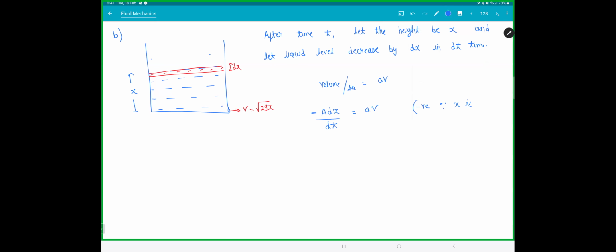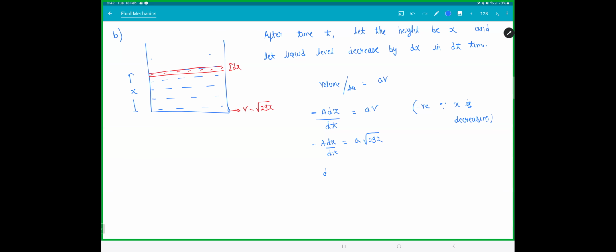So how much volume decreased in time? A dx decreased in dt time. So you end up with minus A dx by dt is equal to a into root 2gx.